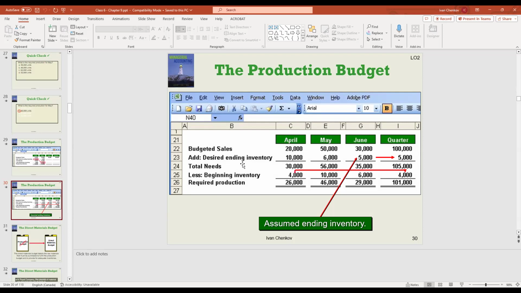Because the ending balance of the quarter is the ending balance of the last month of the quarter, and the beginning balance of the quarter is the balance at the beginning of the quarter. Once you get those numbers, the total production you need to generate 100,000 sales is 101,000 units.